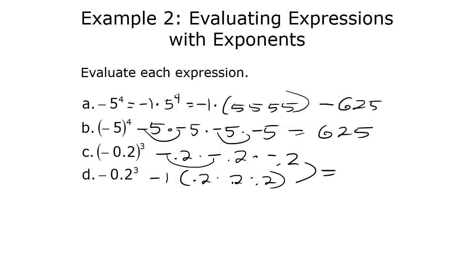So these two are actually going to be equivalent. They're going to have the same answer, even though algebraically they're technically done two different ways. So that also reminds us that if a negative number is raised to an even power, it's always positive, and if a negative number is raised to an odd power, it's always negative.